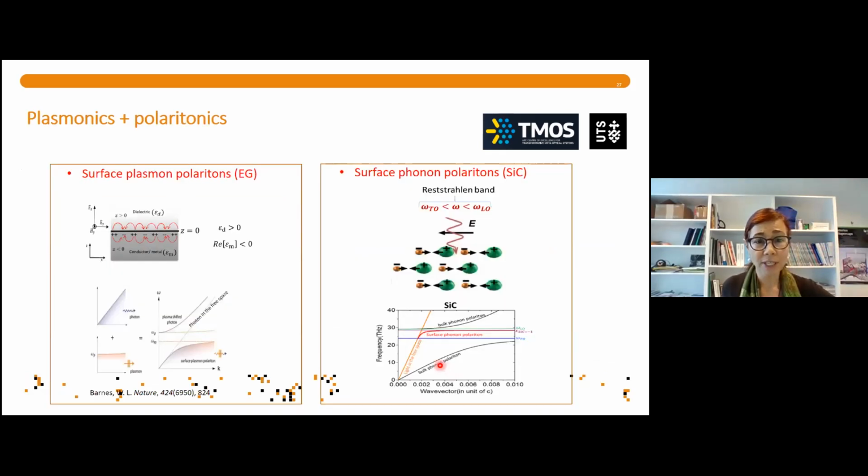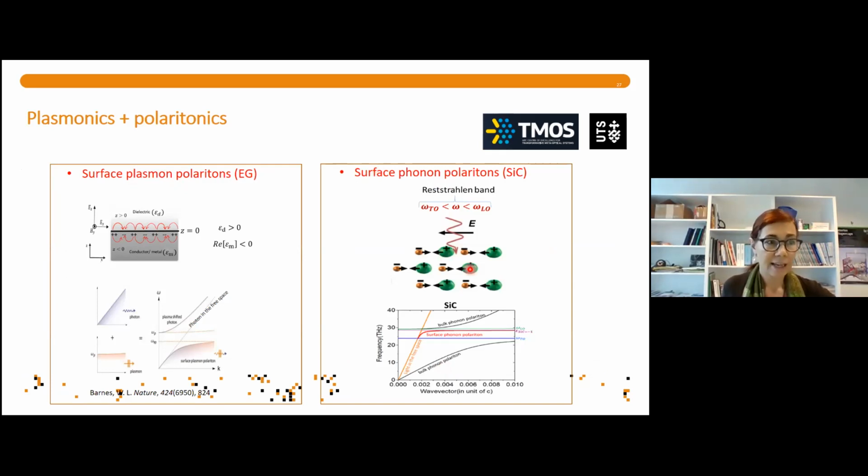And what can we do here with this platform? I will say just a few words because I'm probably heading towards the end. We are using a combination of the surface phonon of silicon carbide and the plasmon of the graphene.